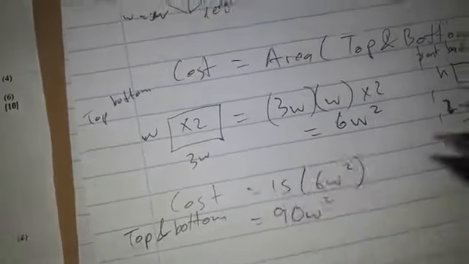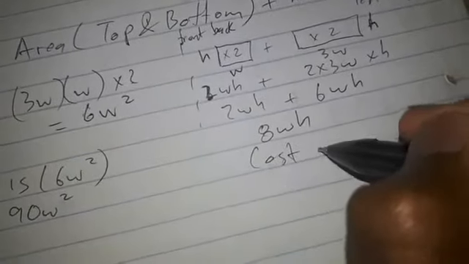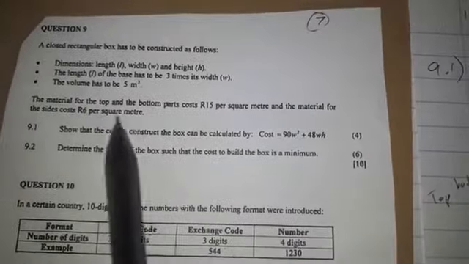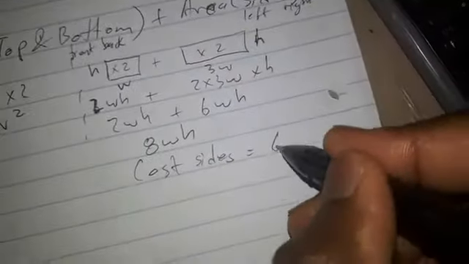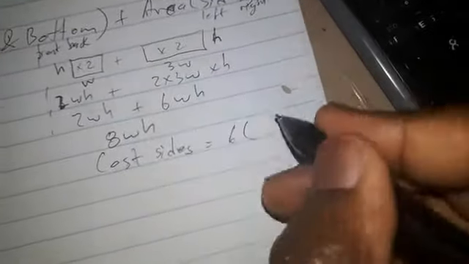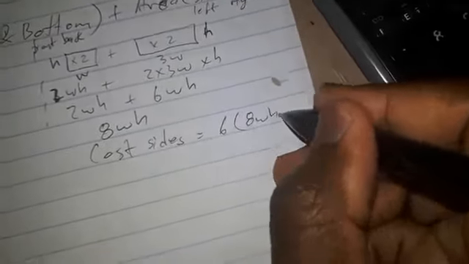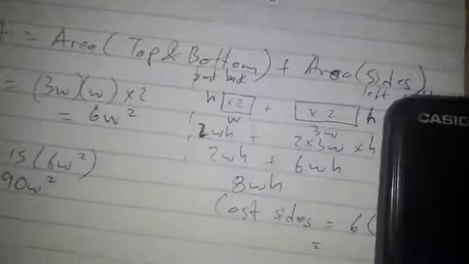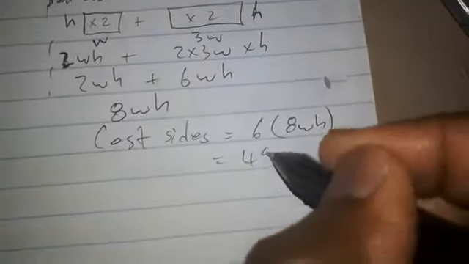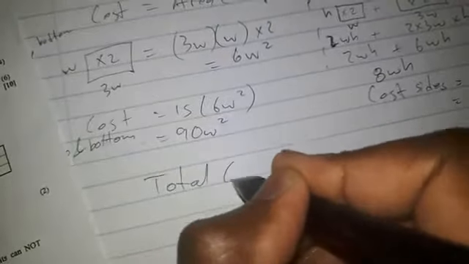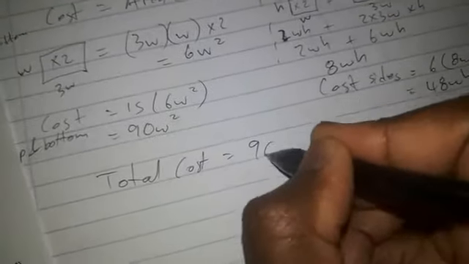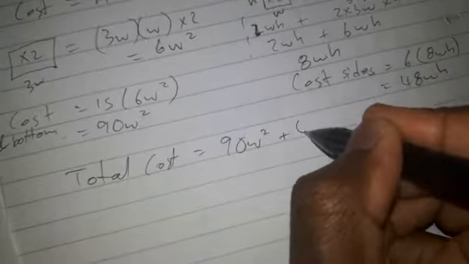Then the cost for the sides, they said it is 6 rand per square meter. So it's 6 rand times the area, because this is 8WH square meters. 6 times 8, I know what it is, but I'm going to check with the calculator, 48WH. So you see the total cost is technically going to be this 90W squared plus this 48WH.